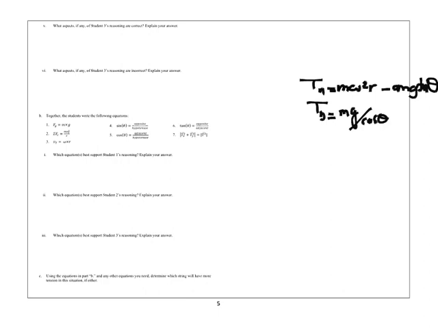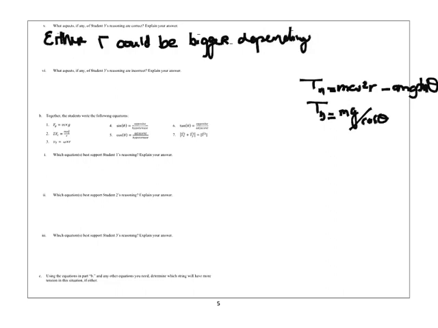So actually that has to be right, either tension could be bigger depending on omega and theta. Okay, they're also correct when they say mass doesn't matter.